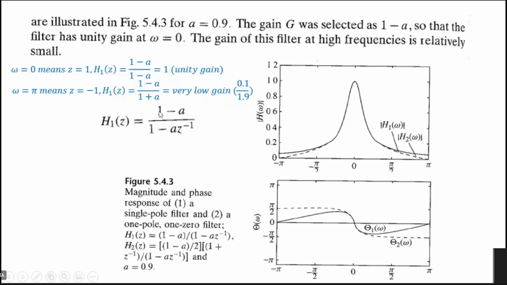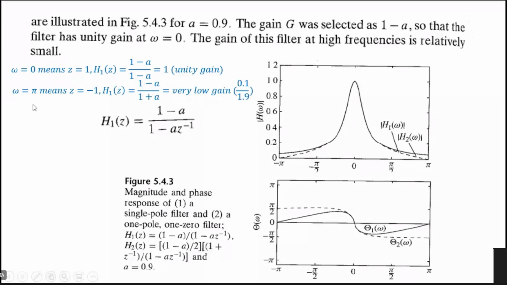So it becomes (1 minus a) divided by (1 minus a), which is a constant, with a equal to 0.9. The 1 minus a cancels out, so it makes unity gain. So gain is unity at omega equal to 0, and since it is a low pass filter, gain should be 1 at low frequency.